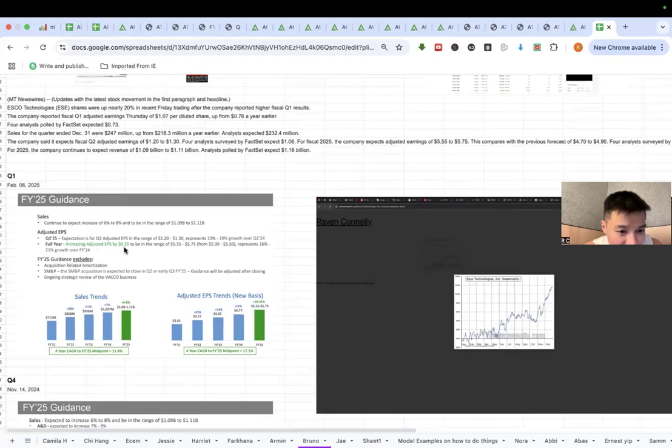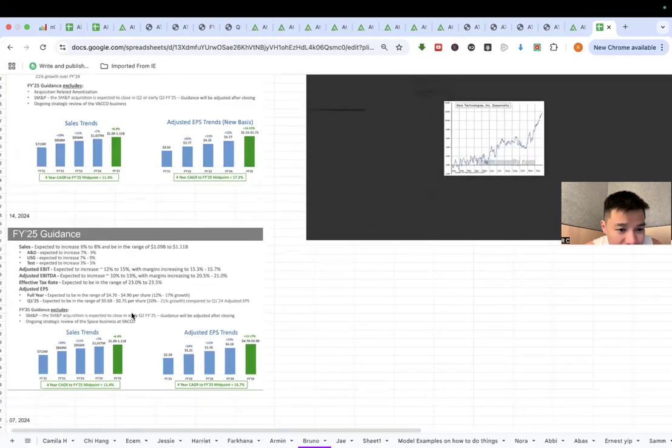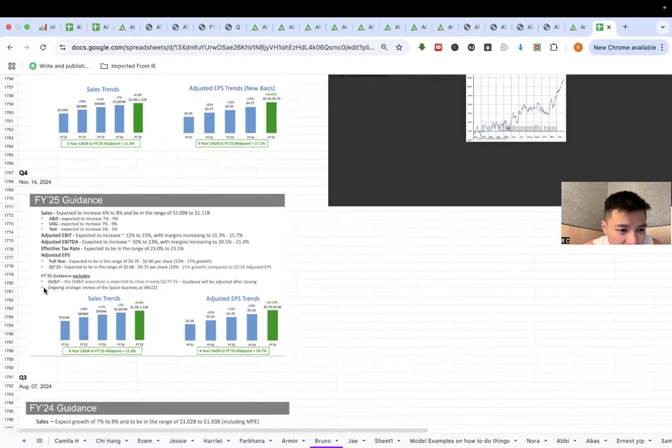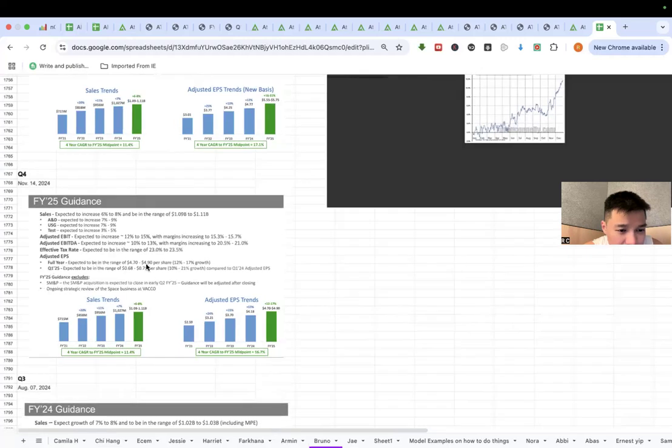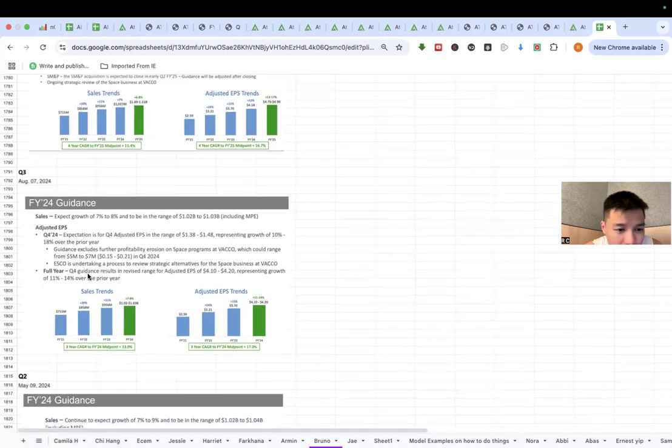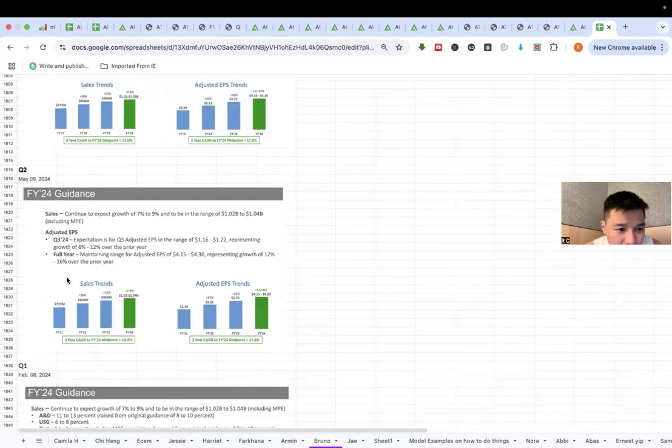Increase adjusted EPS by 0.25. It says here, represents 16 to 20% growth over the full year. And then the guidance for full year EPS was expected to be 12 to 17% growth, then 11 to 14%, then 12 to 16%.